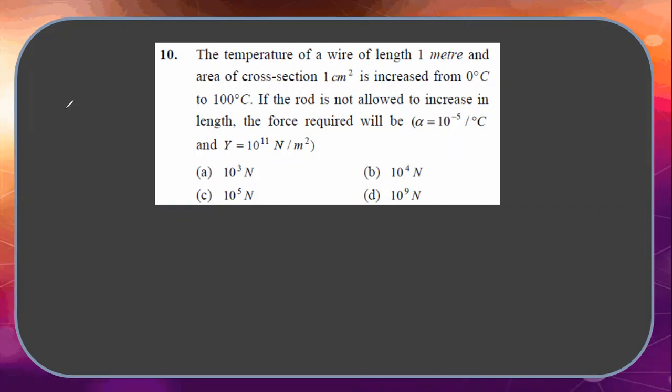What is the given data? The length of the wire is equal to 1 meter and the area of cross section A is equal to 1 centimeter square. 1 centimeter square means what? 10 power minus 4 meter square.